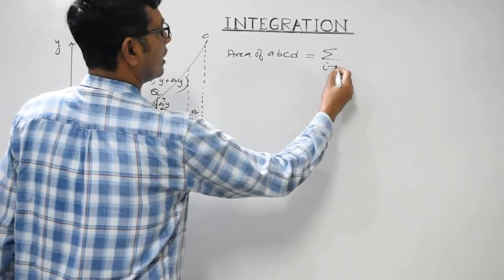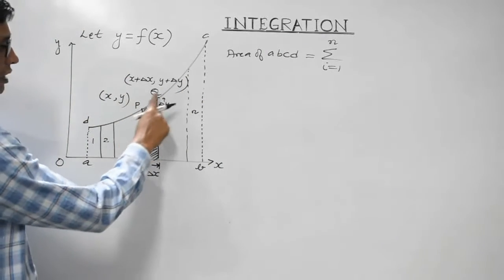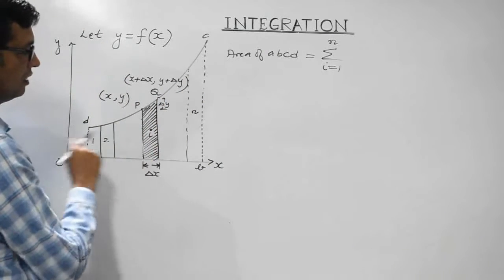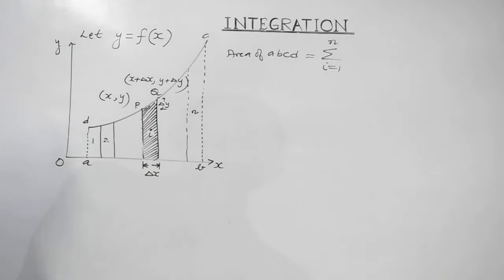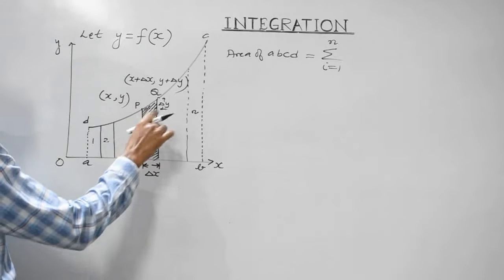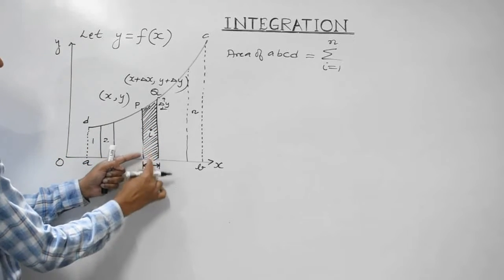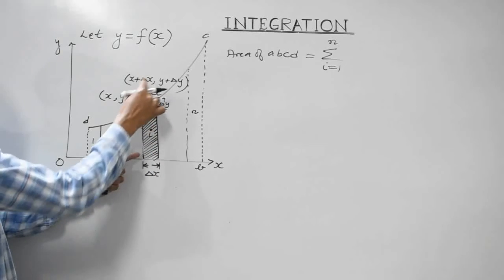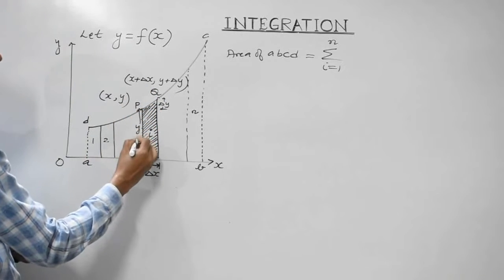summation i equals 1 to n, as we are considering n strips, of the area of the ith one. What is the area of this one? It will be del x multiplied by del y. Now look, students, since this strip is very small, it can be considered to be of length y only, because del y is negligible.